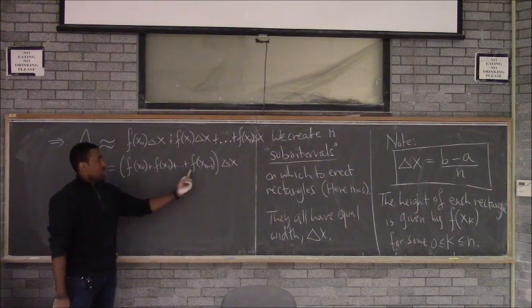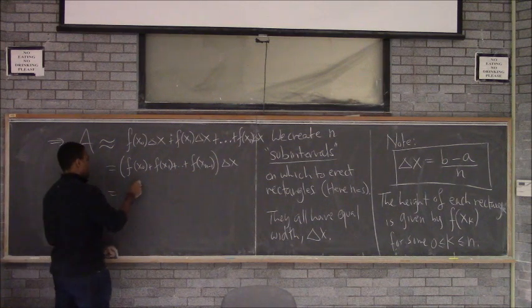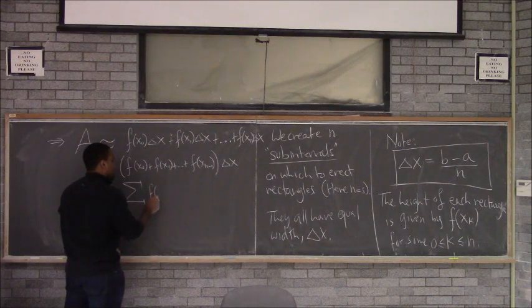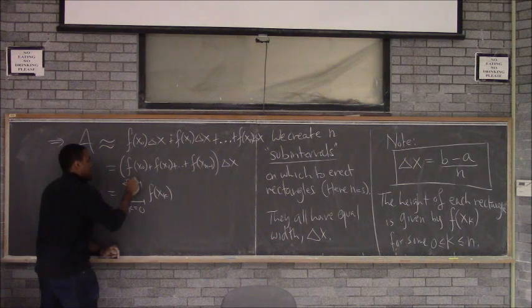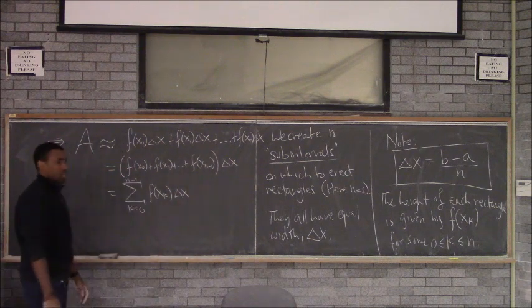Now, notice how I can write this. This here is actually just a sum of numbers that go in a definite order. I can write that as a series. Let k go from 0 to n minus 1 and multiply all of those terms by delta x.